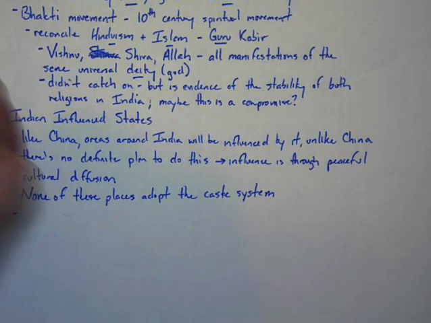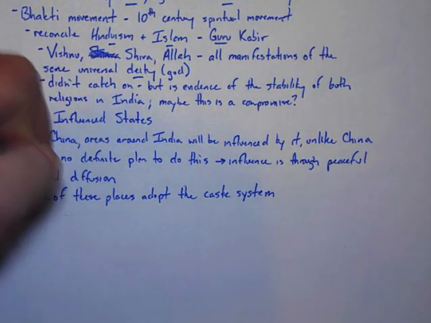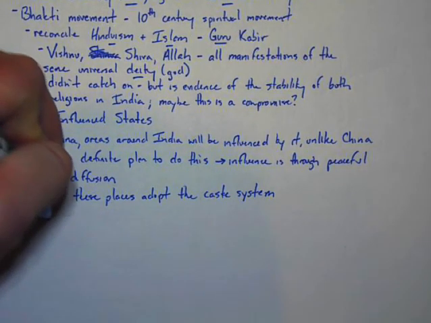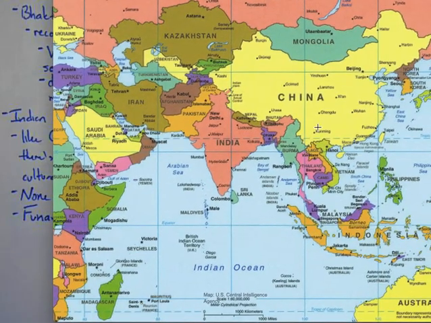All right, so the first one of these places is Funan. And Funan is right in here. This is where Funan is. And Funan has got this little spit of land called the Isthmus of Kra.